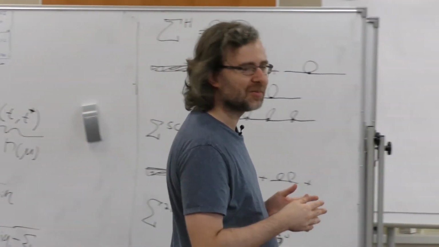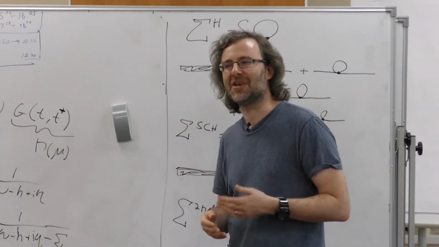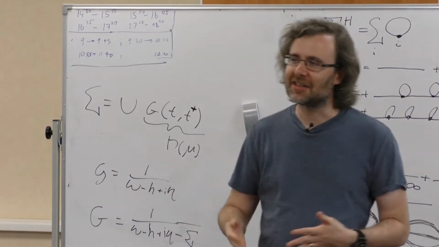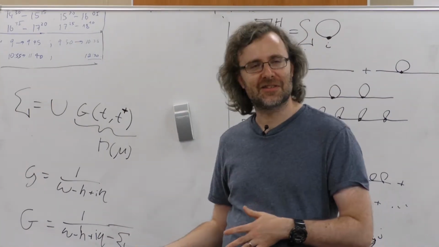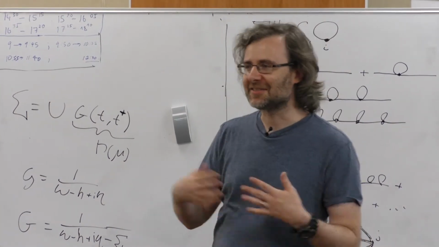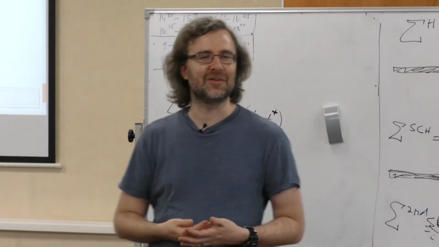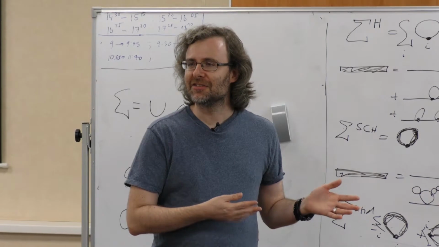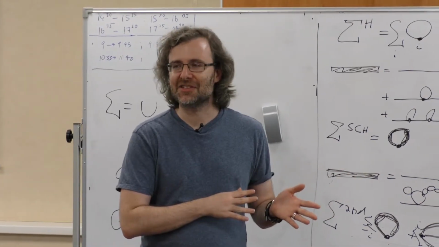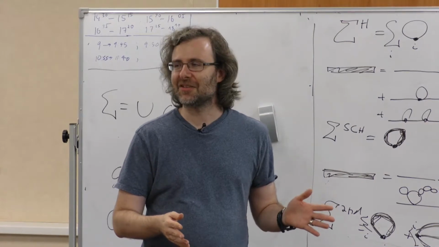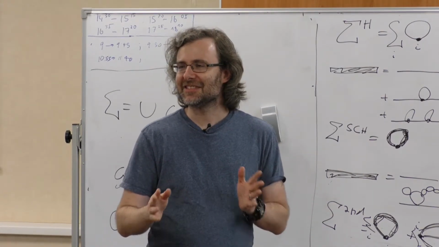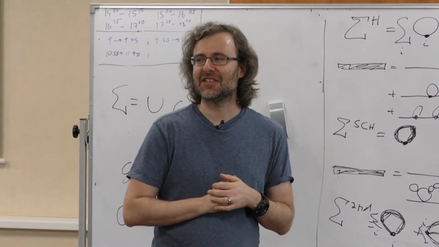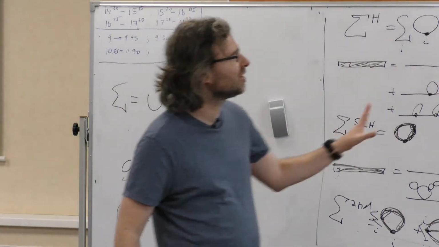When people tell you, this is the self-energy that solves this problem, so we have a reliable solution, that essentially means that they knew that if they used this self-energy, they would get the result that they expect, and they are showing you what they want to show you. So you should be very careful about this stuff. It's very easy to come up with self-energies that will give you what you want, and that's not how you should do science. So you should give this some thought before you do any sort of calculation.